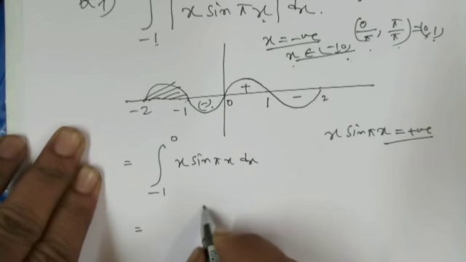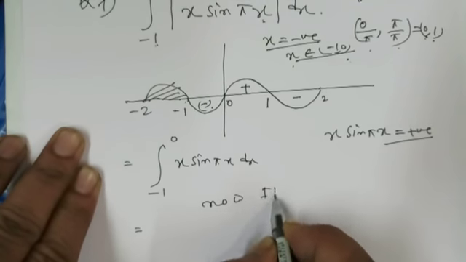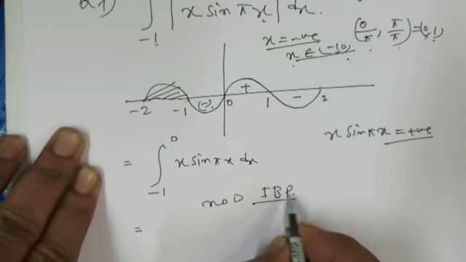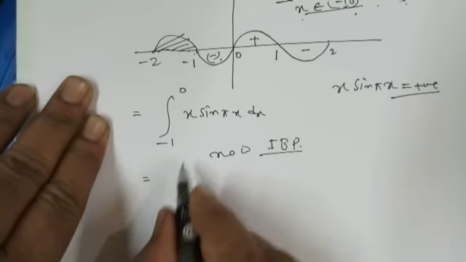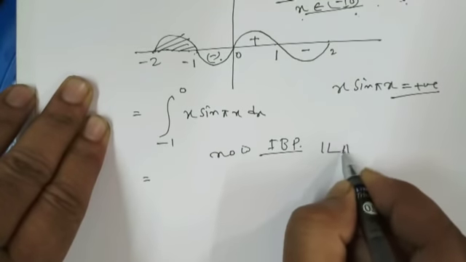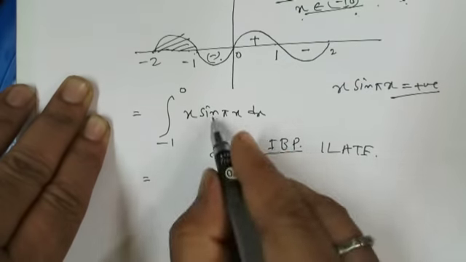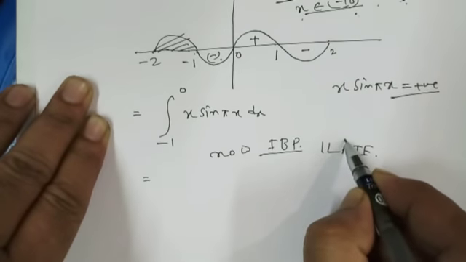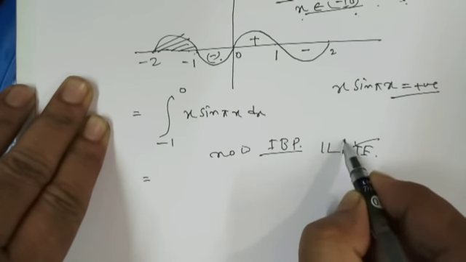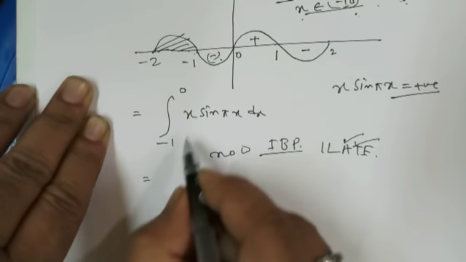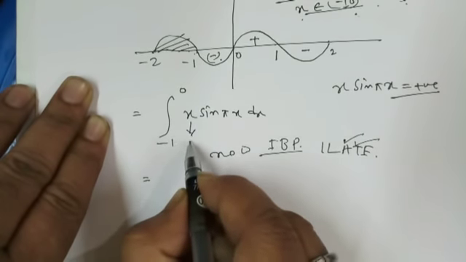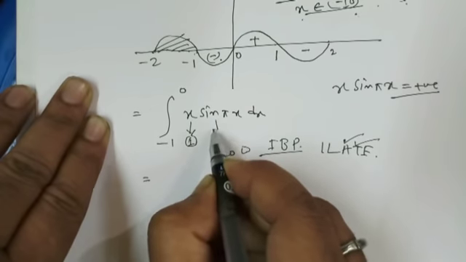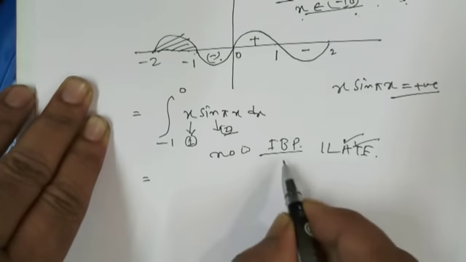Now apply IBP, integration by parts. This is sin pi x, a trigonometric function, and x is an algebraic function. So first choose x as the first function and this as the second function.